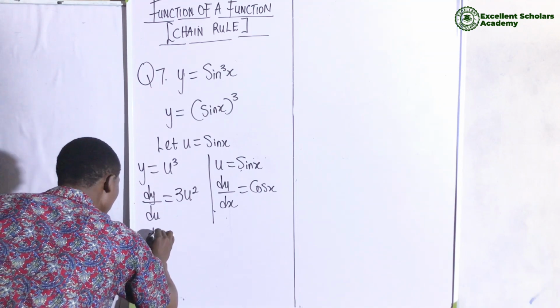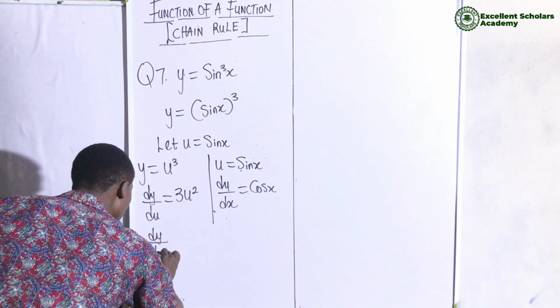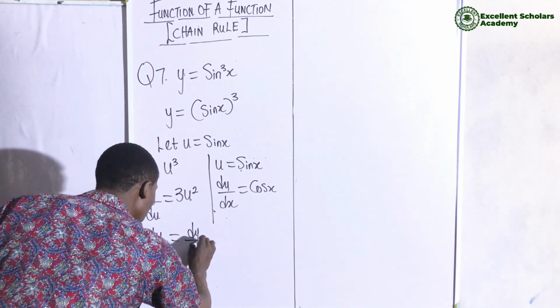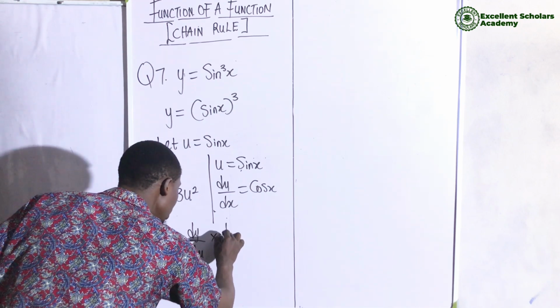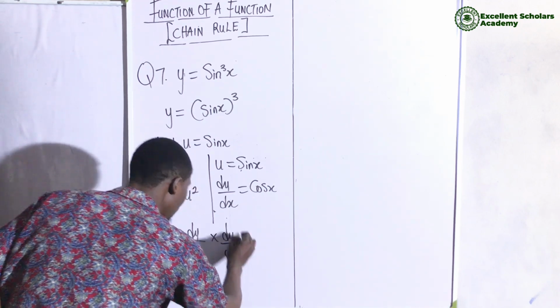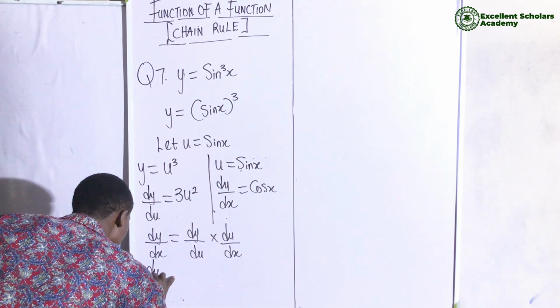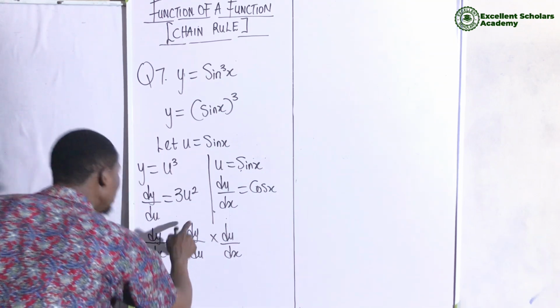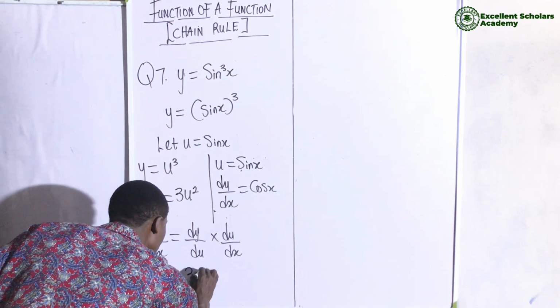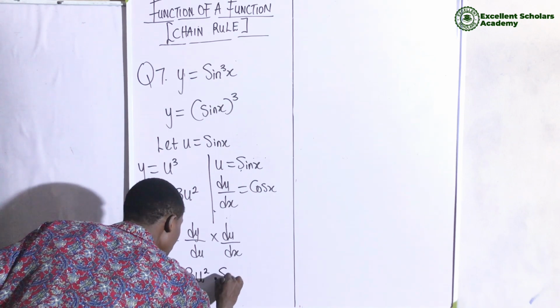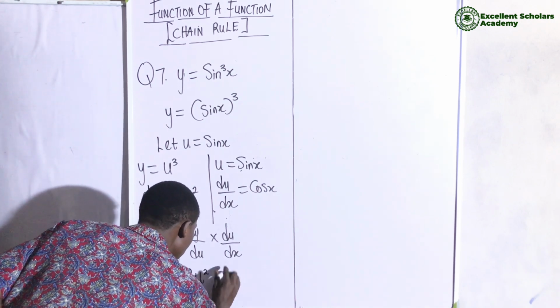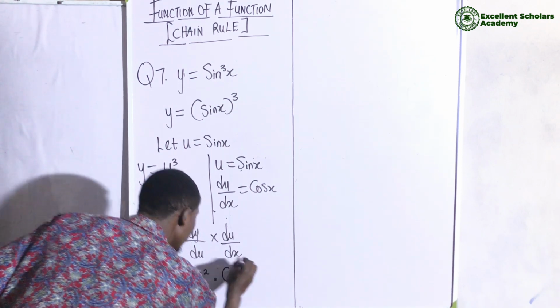So our dy/dx is going to be dy/du times du/dx. So now dy/dx is going to be equal to dy/du, 3u squared, times cos x.